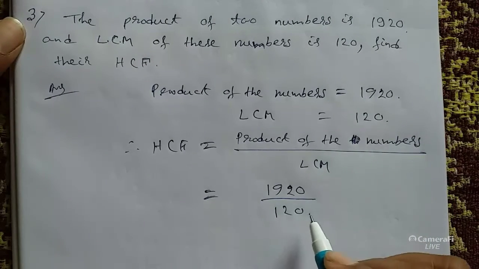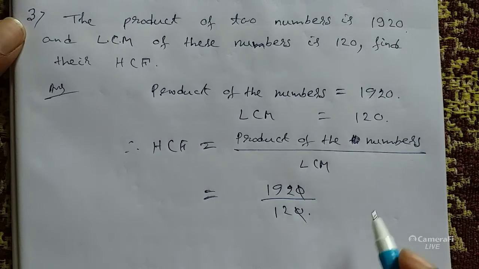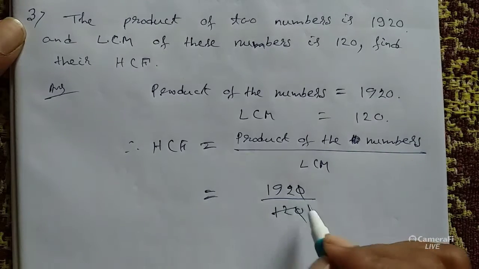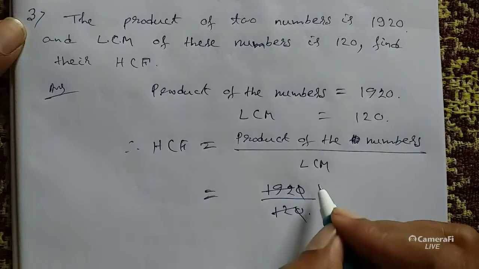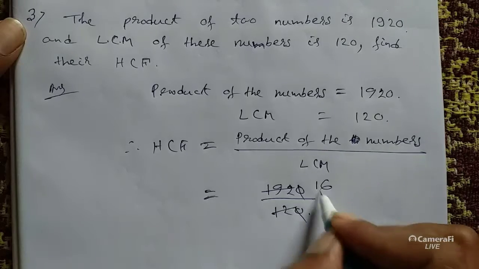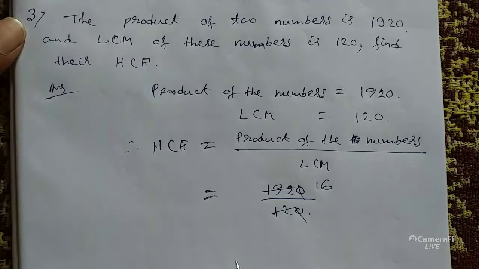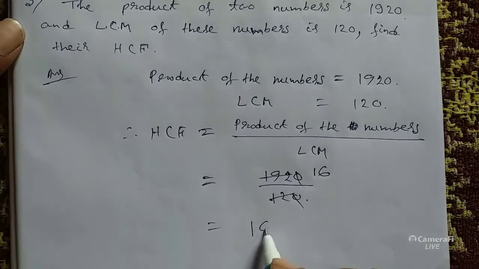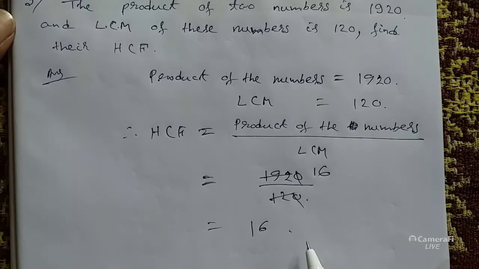To simplify it, we can first cancel 0 and 0. Now 12 can divide 192. 12 1 is 12, 12 6 is 72, 16 we are getting. If we divide 192 by 12, we get 16. So the HCF becomes 16. This is the answer.